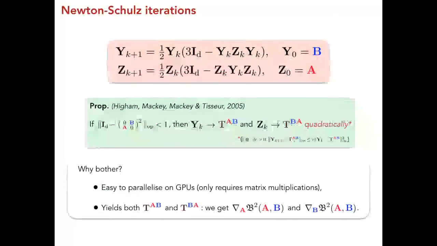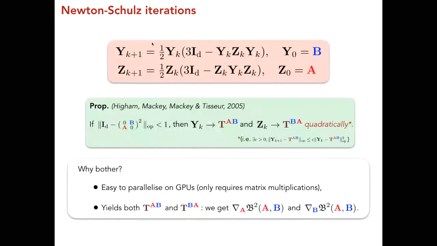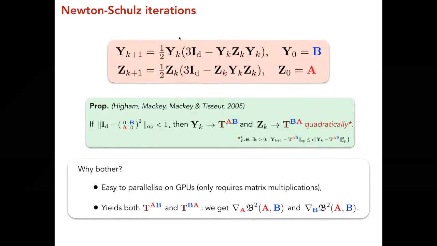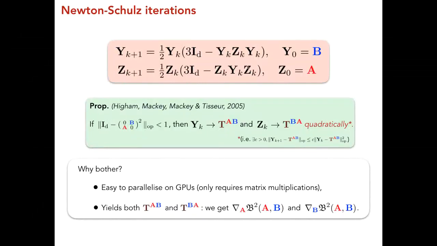Well, it turns out that such an algorithm exists, and it's called the Newton-Schulz iterations. So those are actually iterations that are designed to compute the matrix sign function, and with particular initialization, they converge quadratically to the Monge map from A to B and the Monge map from B to A. Okay, and they only involve matrix-matrix products.